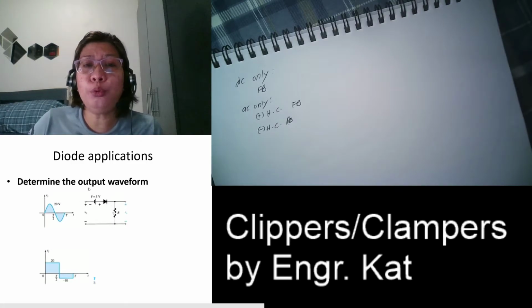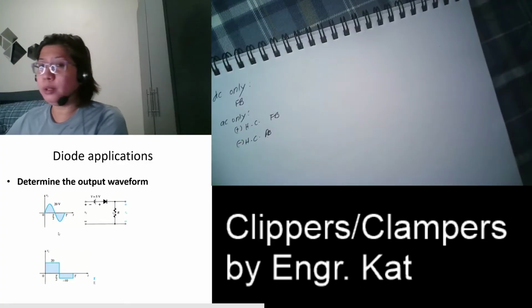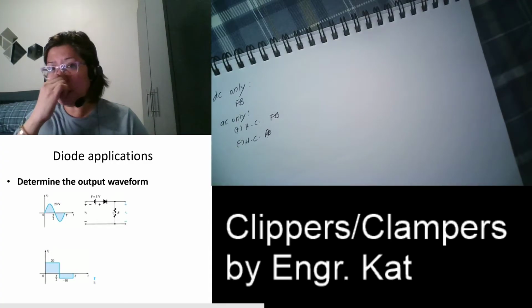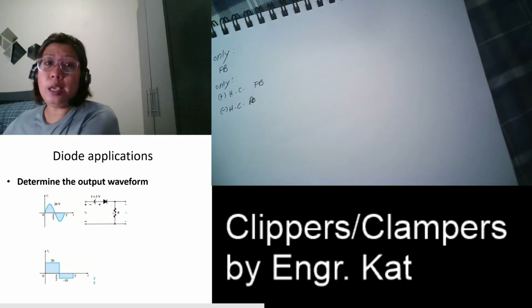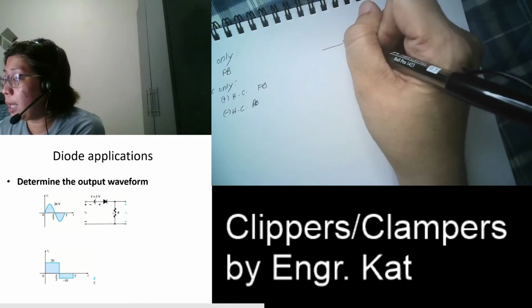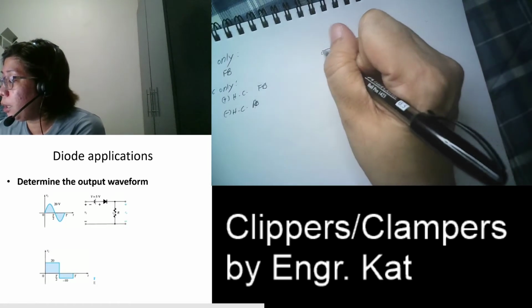So to know that, we need to solve for the transition voltage. How do we solve for the transition voltage again, class? We determine, so this is minus plus, this is 5 volts, right? So this is your input.